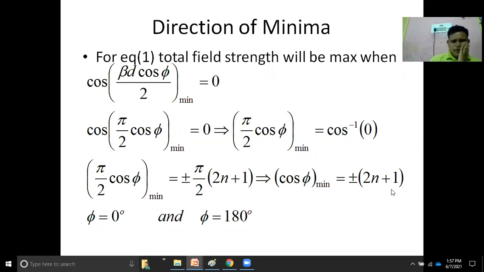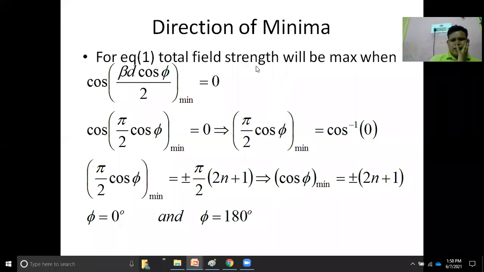Suppose n is equal to 0, substitute n is equal to 0. This cos phi minimum is equal to plus or minus 1. When will it become plus or minus 1? Plus 1: cos 0 is equal to plus 1. When you get minus 1, cos of 180 degrees is equal to minus 1.